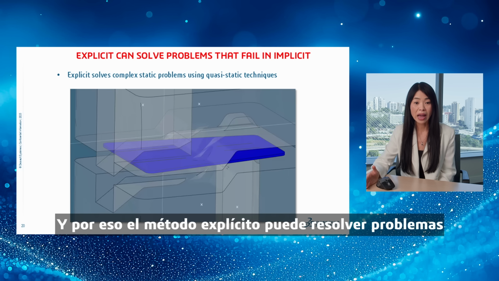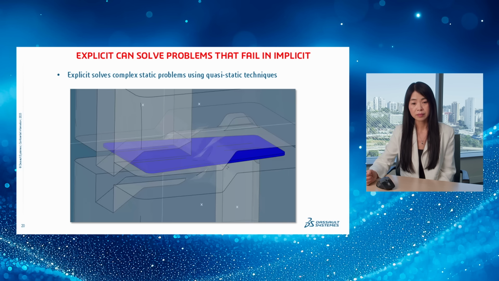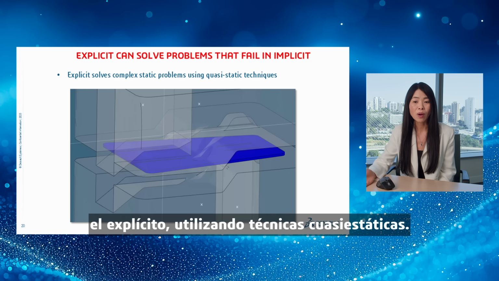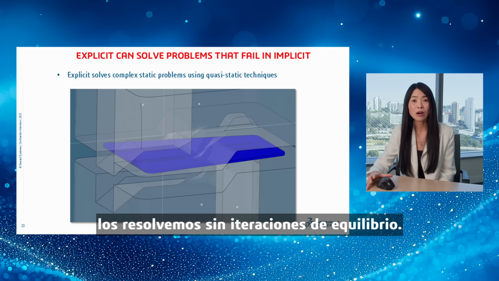And this is why explicit can solve problems that fail in implicit. And even static problems can be solved with explicit using quasi-static techniques. So that technique is that we apply the load slowly, we keep inertia small, and we solve without equilibrium iterations.